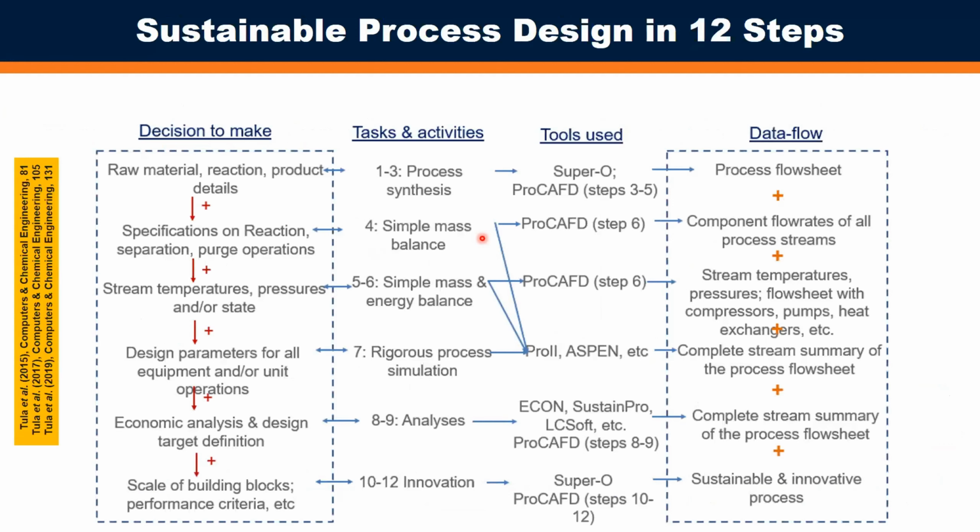So this is just a recap of the 12-step sustainable process design process that Professor Ghani has introduced. There's a whole series of decisions that we have to make when we do design, starting from what was covered in Professor Grossman's lecture and in the workshops yesterday, which is really the first step, the process synthesis, where we have to define the raw materials, the reaction pathways, and the specifications on the products.